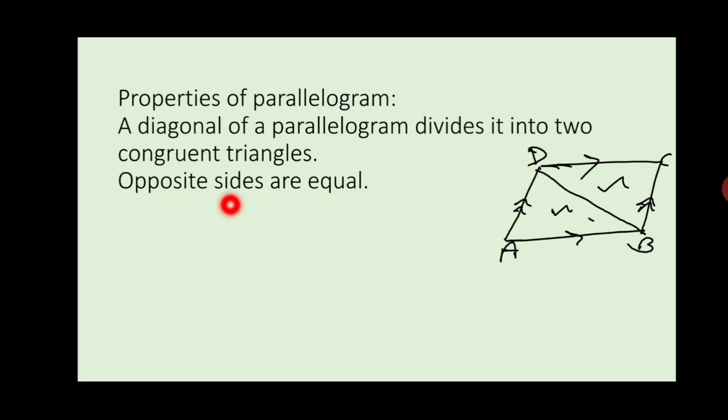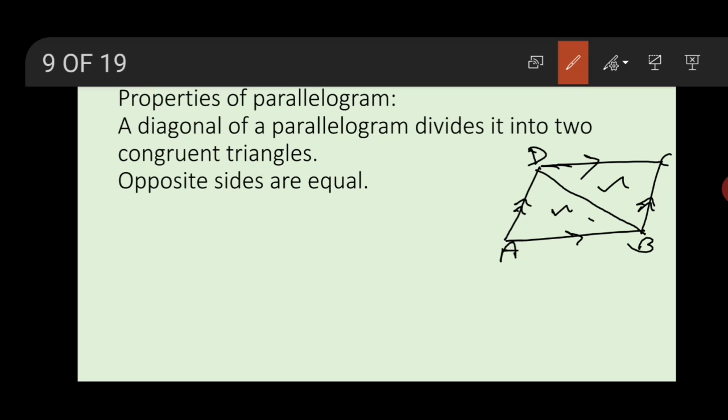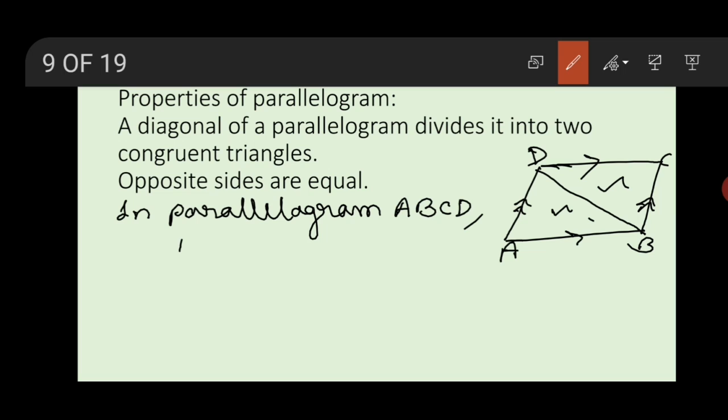Similarly, opposite sides are equal. AB is equal to what? CD. Write down. In parallelogram ABCD, triangle ABD is congruent to triangle BCD and also opposite sides are equal.